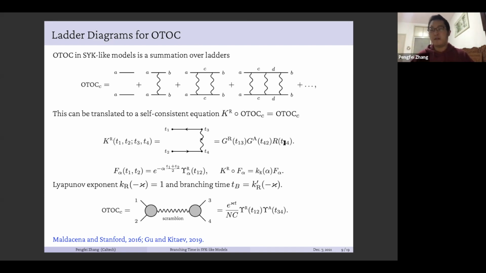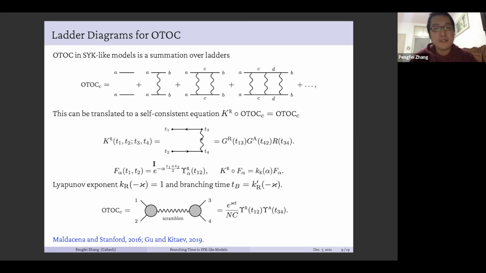As a result, the eigenfunction will be labeled by a center-of-mass frequency, alpha, and there is the eigenfunction in the relative coordinate between T1 and T2.